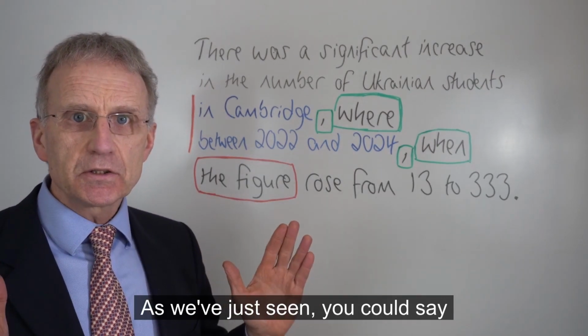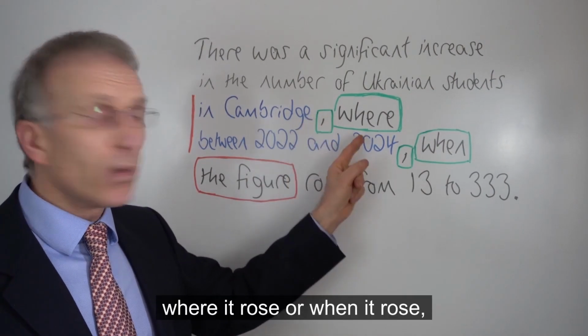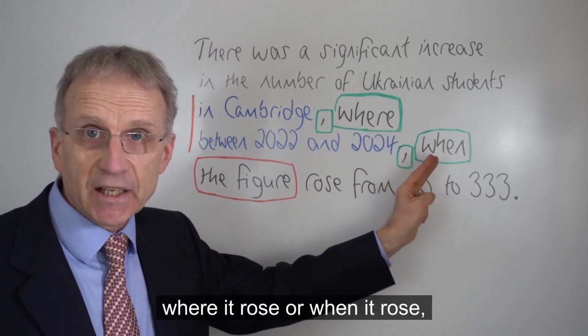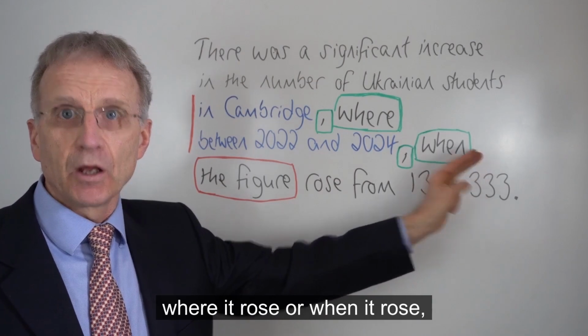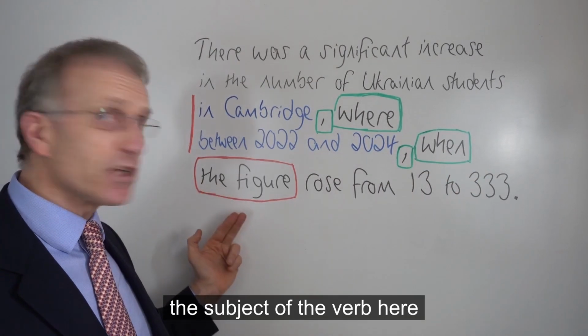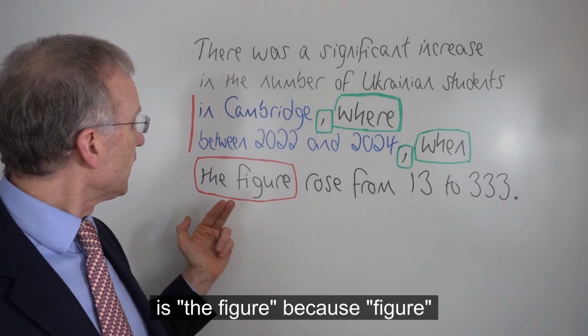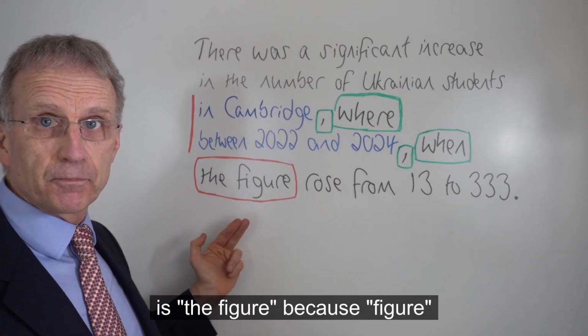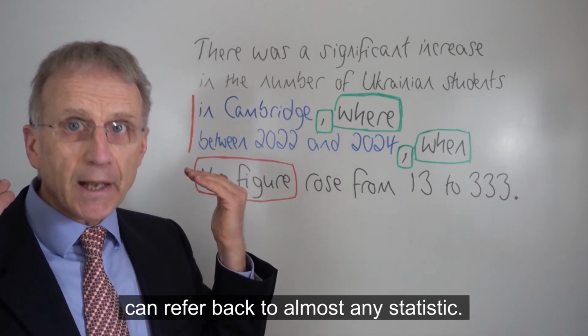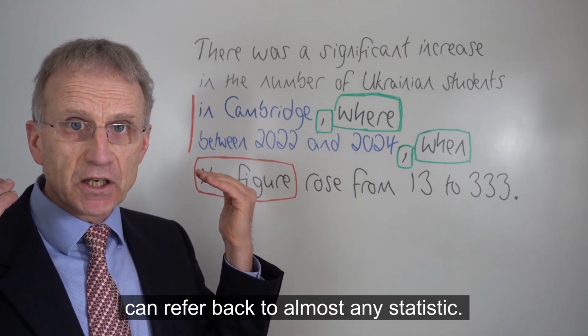As we've just seen, you could say where it rose or when it rose, but another word you can use as the subject of the verb here is the figure, because figure can refer back to almost any statistic.